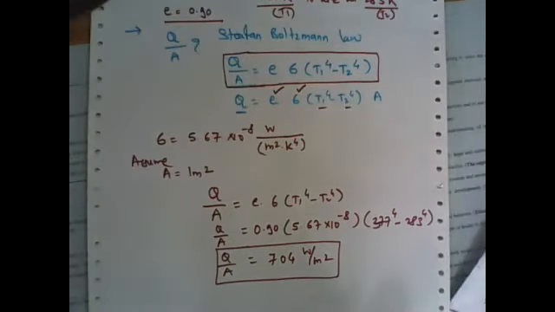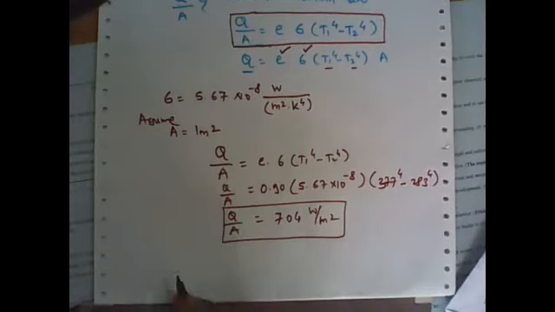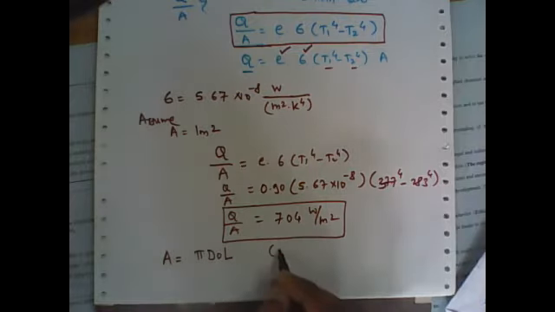If you want to calculate the rate of heat transfer rather than the heat flux, then you can use the equation of area, that is pi d o L. But for this case also we have to assume the length as 1 meter because it is not given in the numerical.